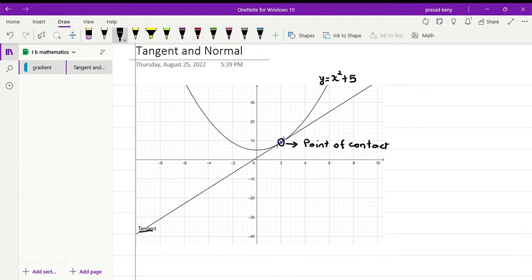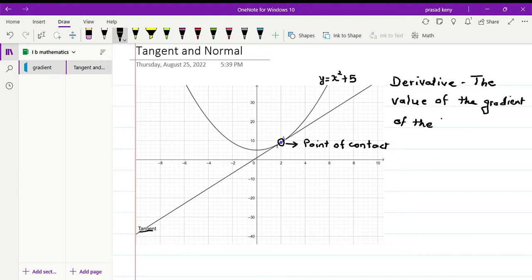Now, how do you define the derivative? What is derivative? Derivative is the gradient, or I can say the value of the gradient of the tangent at the point of contact.